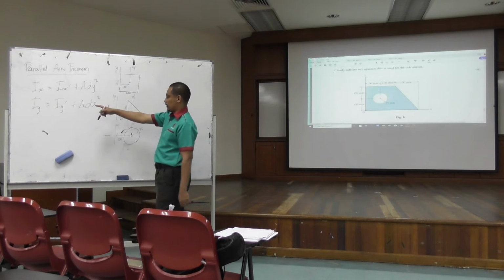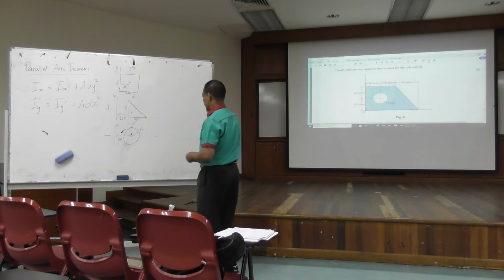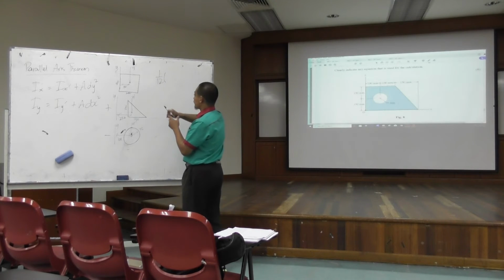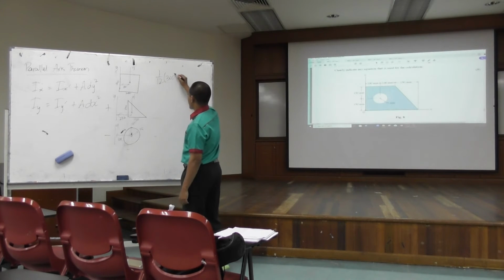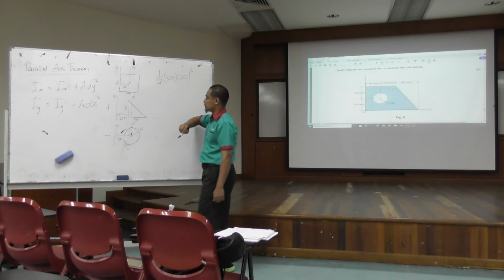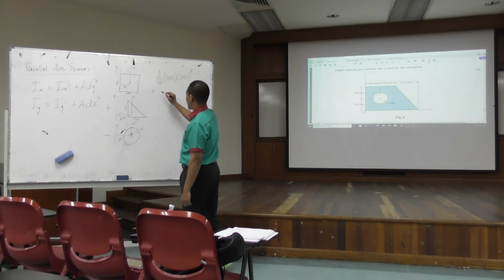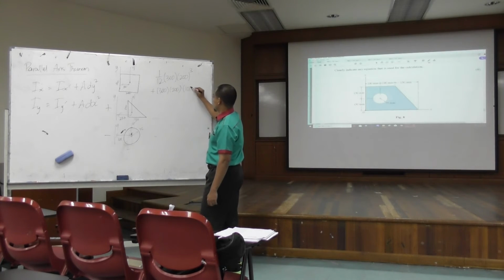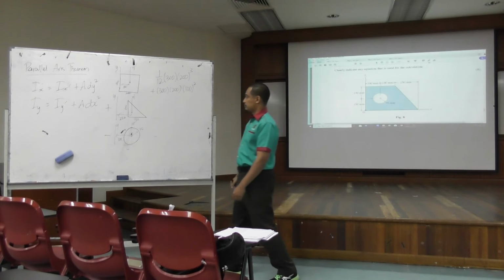So if you calculate, using Iy equal to Iy prime plus A dx squared, this one will be 1/12 times 300 times 200 cube, plus area 300 times 200, and then 100 squared for dx squared.